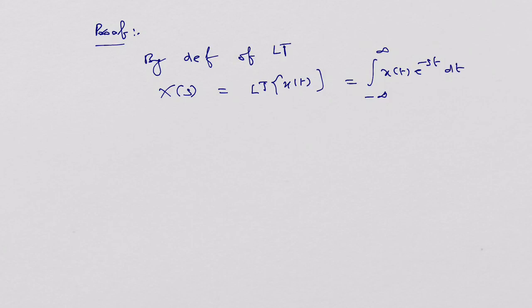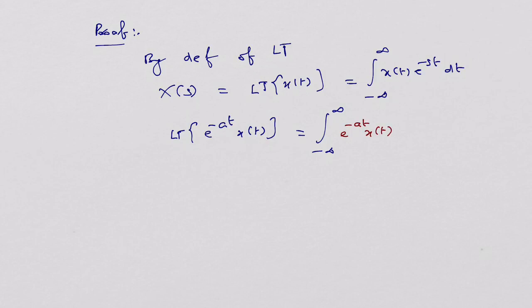What is the Laplace transform of e power minus at into x of t? It is very simple. In the place of x of t, you now use e power minus at into x of t. The remaining terms continue as such. Can you identify this portion, for which we are supposed to calculate the Laplace transform?